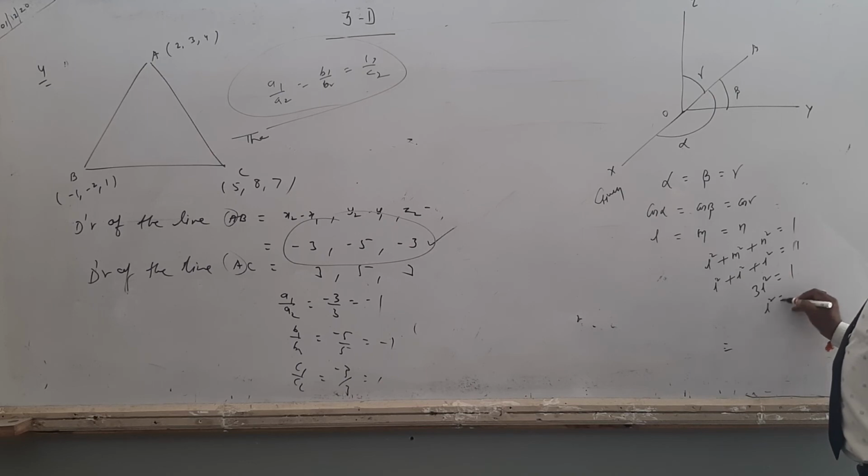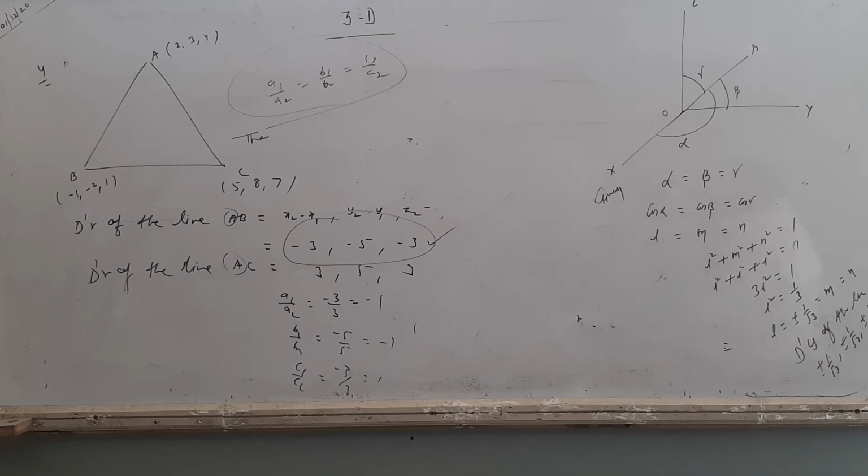Then L square equals 1 by 3, then L equals plus minus 1 by root 3. M is also same, N is also same. So what are the direction cosines of this line? Plus minus 1 by root 3, comma plus minus 1 by root 3, comma plus minus 1 by root 3.